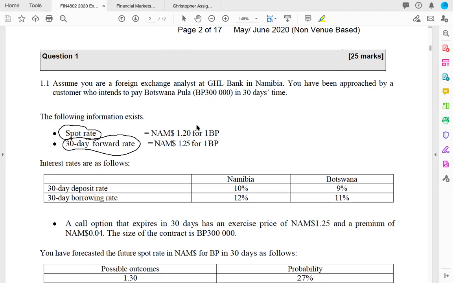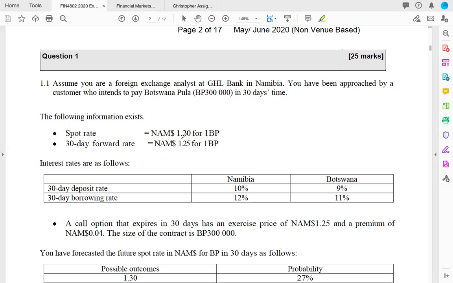So if you want to buy 1 Botswana Pula today, it will cost you 1.20 Namibian dollars. Whereas if you want to buy Botswana Pula 30 days later through a forward contract, whereby you agree the exchange rate today and you are obliged to meet your end of the bargain in 30 days at a particular rate, you can enter into a forward contract for 1.25 Namibian dollars.